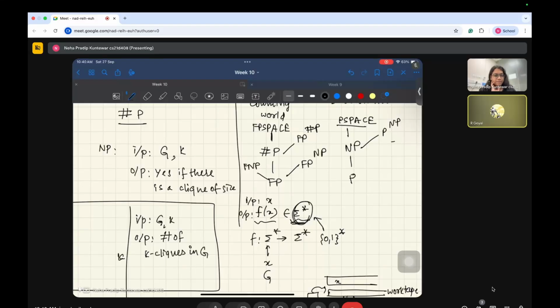Oh, okay. So there is an FNP as well, right? So where would the difference be between this FNP and sharp P? Because I thought that the name FNP had been used for sharp P only. Okay.